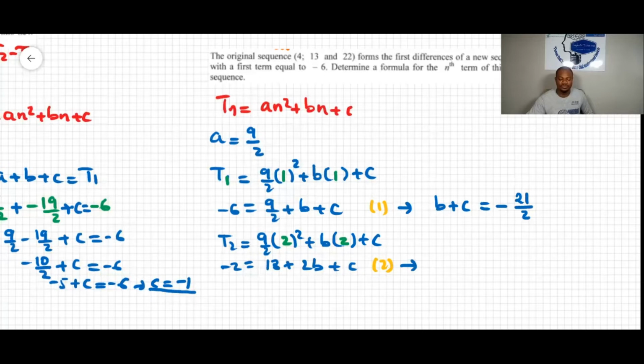Then from equation 2, if you move 18 over, 2b plus c will be equal to -20.